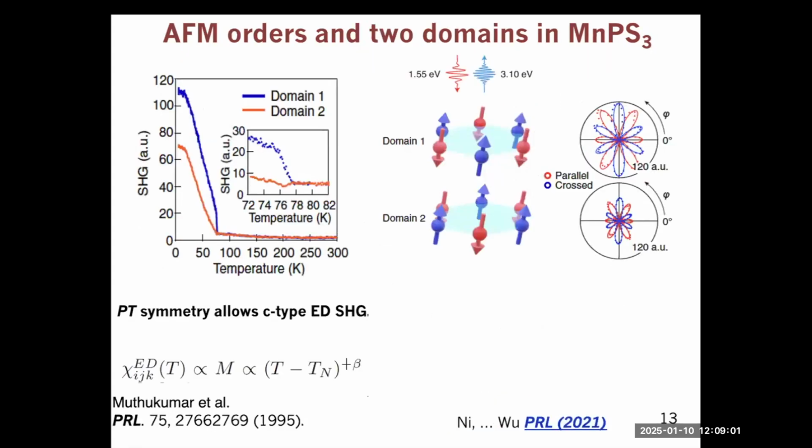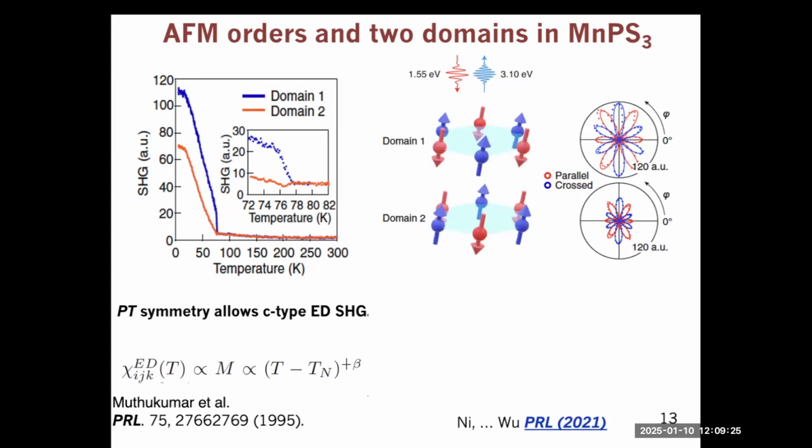So then we do the measurement. We measure second harmonic generation. We're shining 1.55 eV and measuring 3.1 eV. You can see that we cool across the transition. We actually did this 10 times. Here I show you two curves.